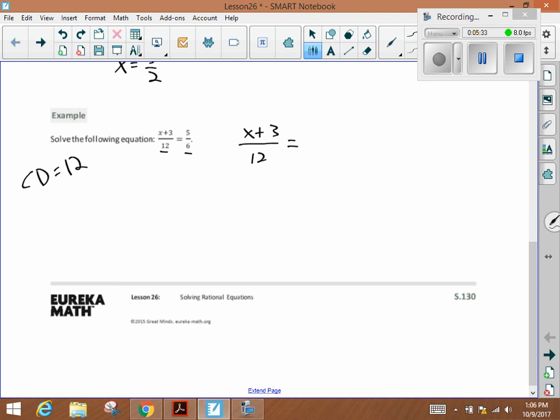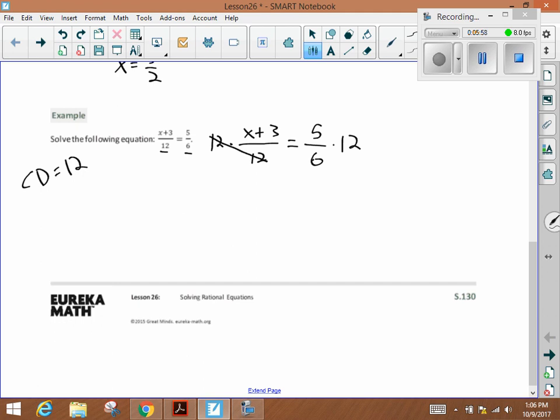If I was to multiply both sides by 12, I should be able to get rid of my denominators, right? So if I multiply this times 12, I know a lot of people will tell you these cancel, but really what's going on is that this is 1. I have a 12 over 12.